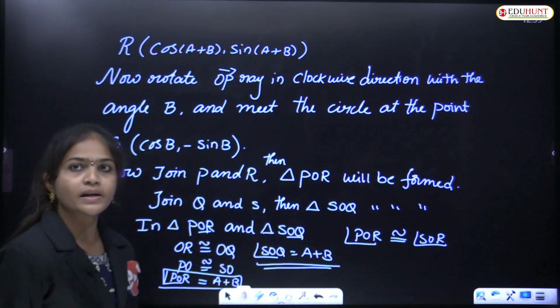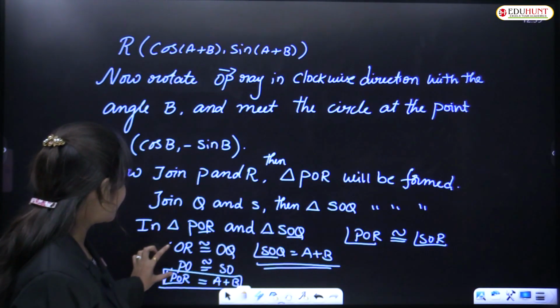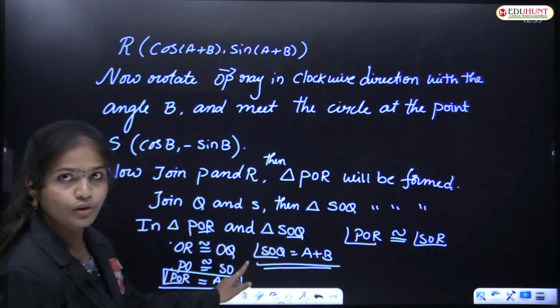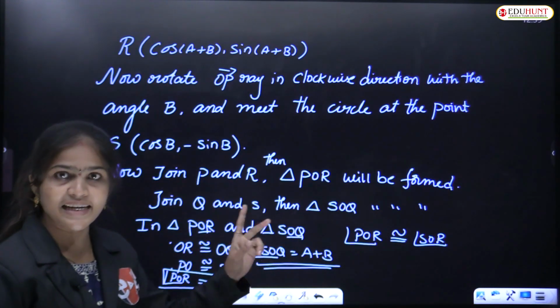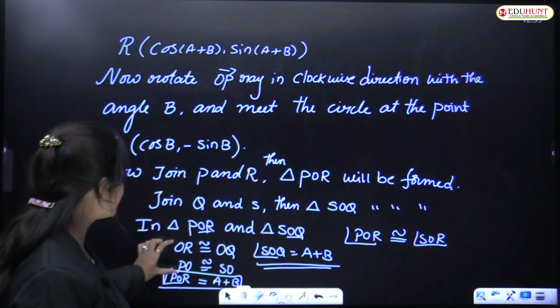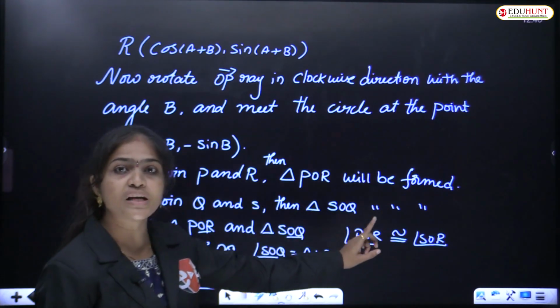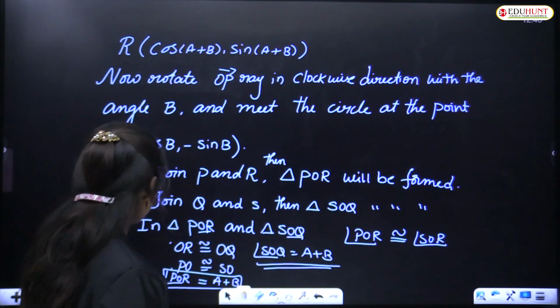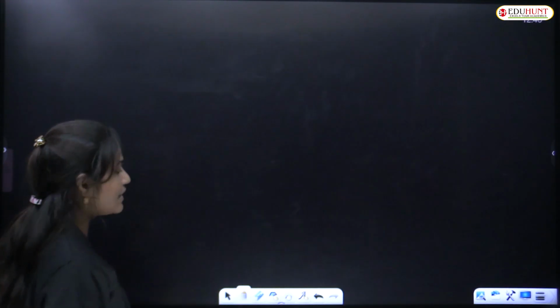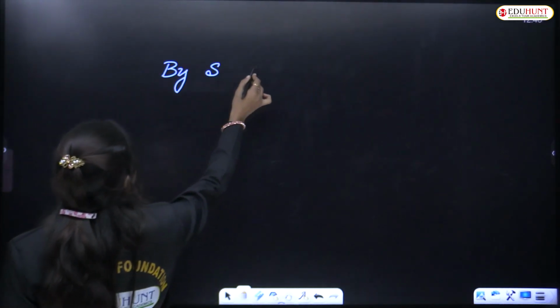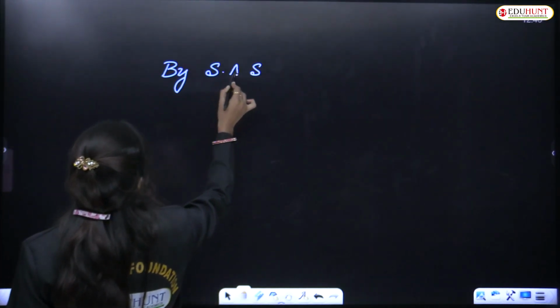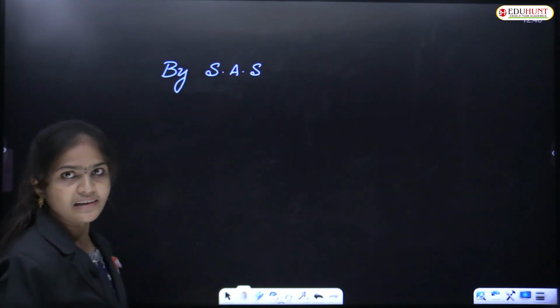So children, from this one here we can observe two sides: OR is congruent to OQ, that is one of the sides, and PO is congruent to SO, that is the second side. So these two sides are also congruent, as well as one of the angles also congruent. So by which congruency can we say that? By two sides and the included angle equal, no?